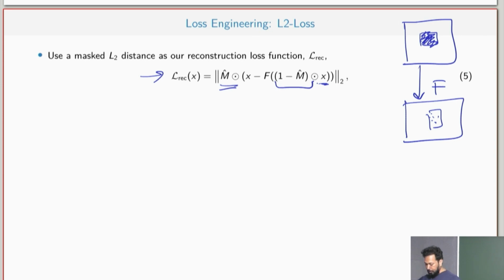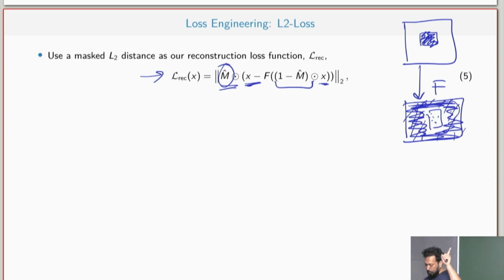So if I apply M hat here, it will be this part, and it will check against it, so this error should be low. This is the difference, and there is an X minus this, and then the only part that will be left will be this part, because you applied the M hat again. So it will just extract this part.